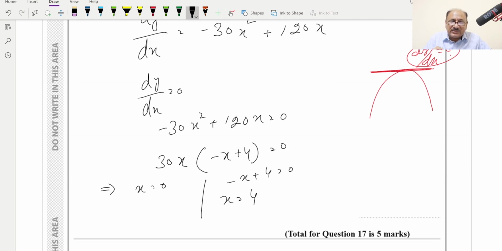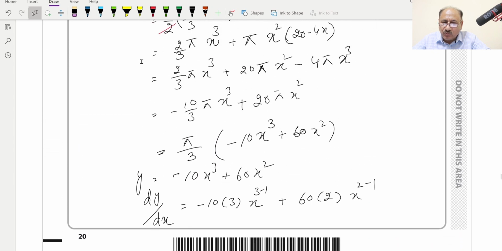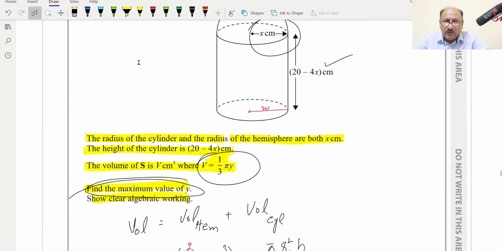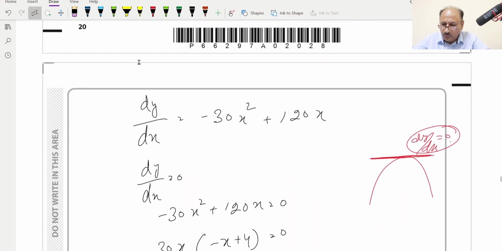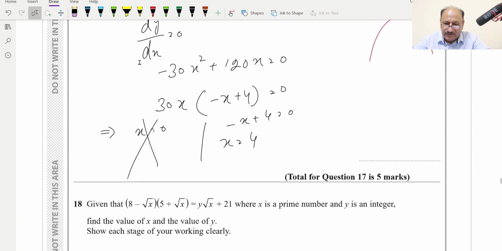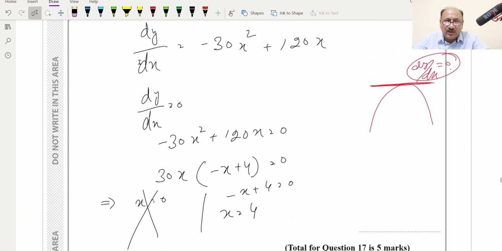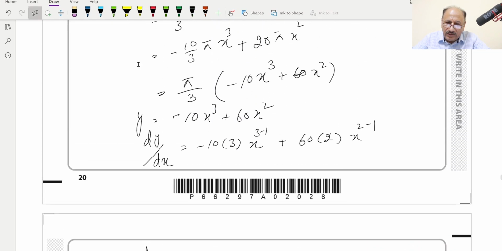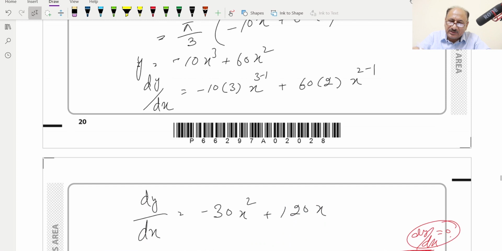So x cannot be equal to 0, so we will reject this, because x is what? X is, we know, the radius. So the x value cannot be equal to 0. So we will be taking the value 4, and we will be replacing this value to get the answer. So y is equal to 60x squared minus 10x cubed. This is the y value I'm utilizing.